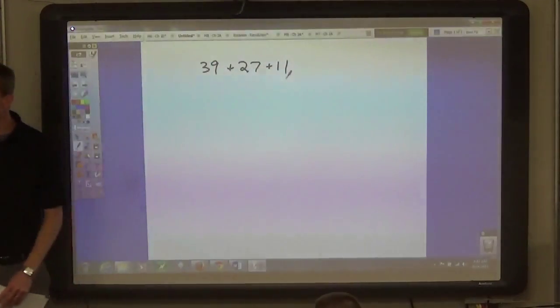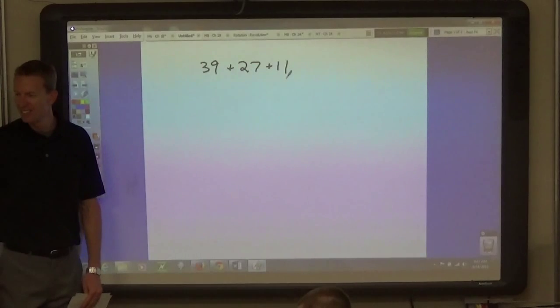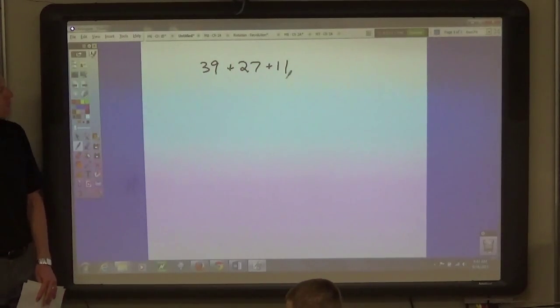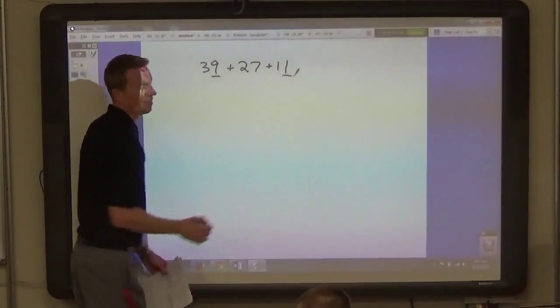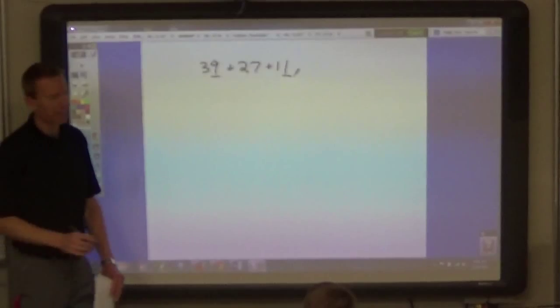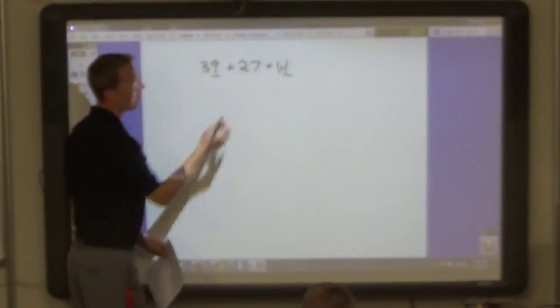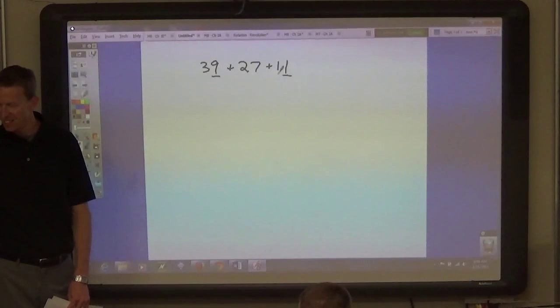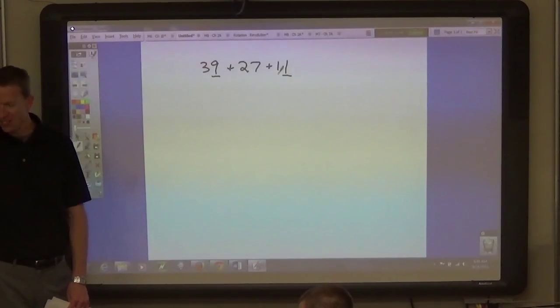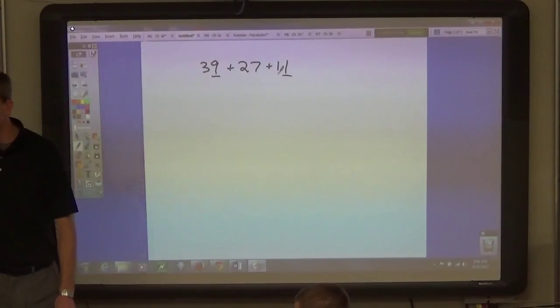What numbers can you combine to make 10, Reese? 9 plus 1 makes 10. So 11 and 39. You can do this. 21.